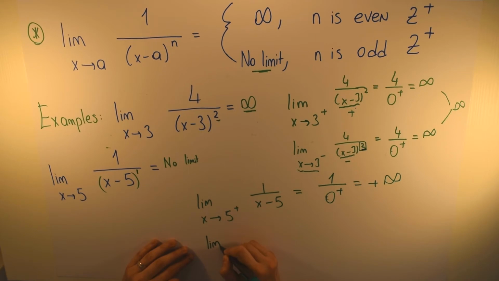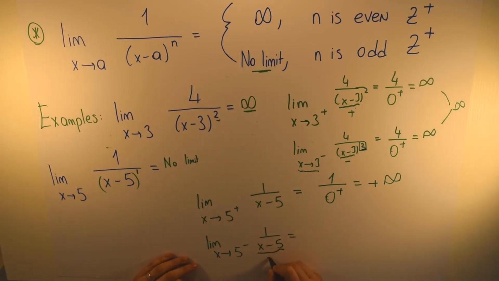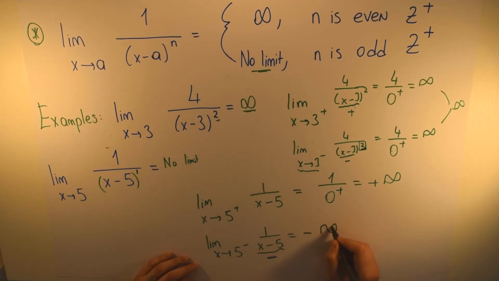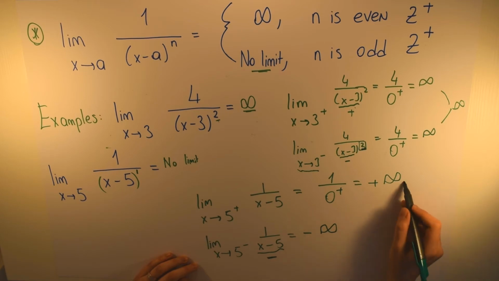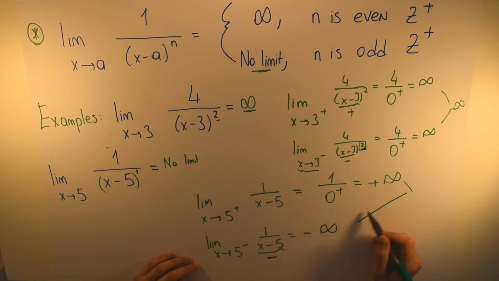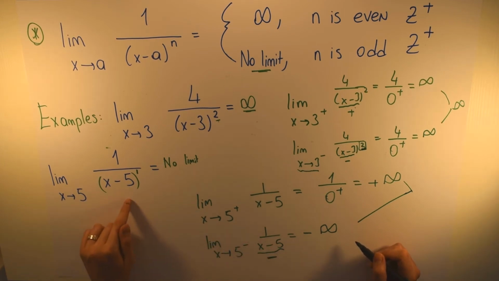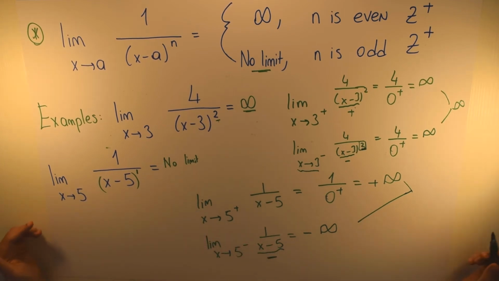When you take its limit from the left side, 1 over x minus 5, here you will take the values less than 5, right? So it will make it negative. So this will be equal to negative infinity. As you can see, they are not equal to each other, and it means that the limit does not exist.